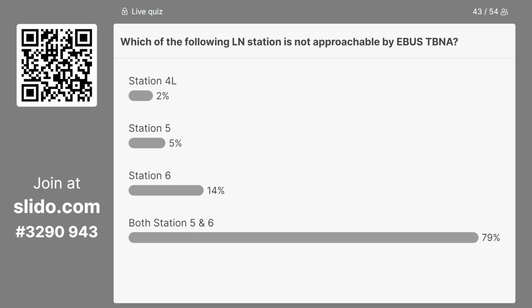I believe no confusion over there. So both 5 and 6. Mind you, we are talking about transbronchial, not transvascular. Correct answer is D, both 5 and 6.